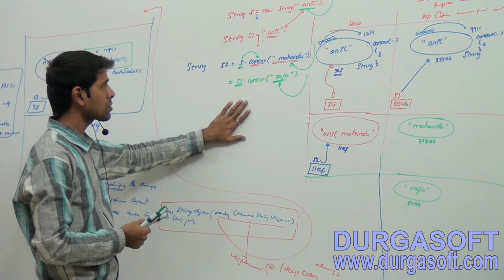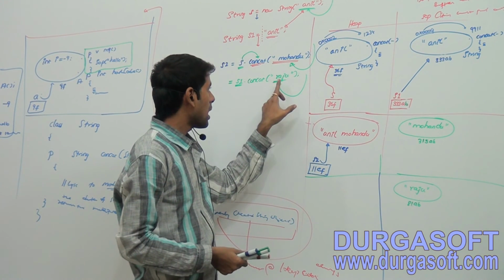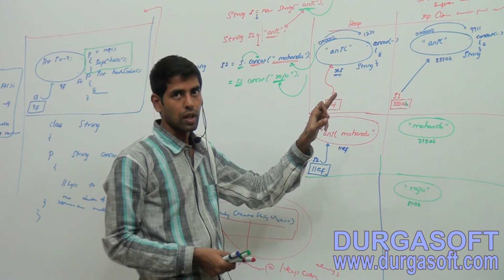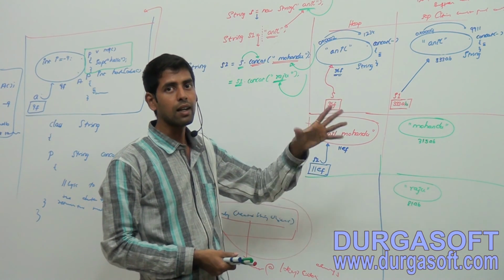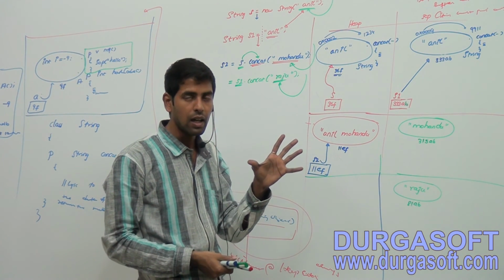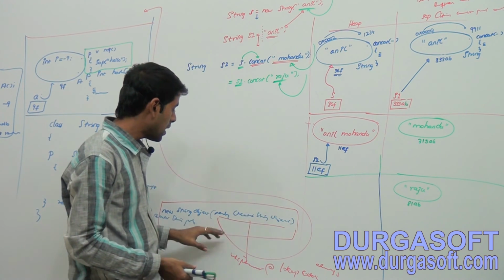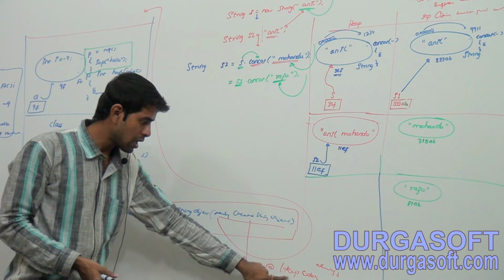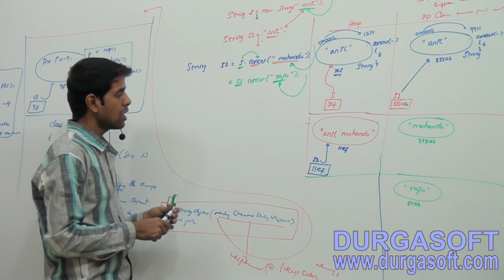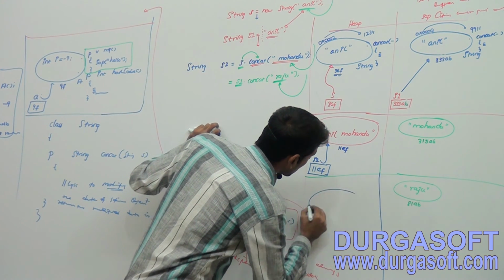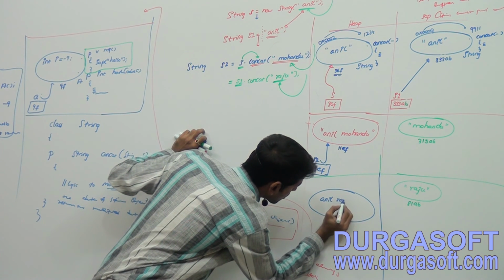Now observe, what is this? S1 dot concat Anil appended with Raju. What happens here? The data is modified, and with that modified data a new object will be created. At which area will it create that object? Always at the heap area. Now there will be one more object, Anil Raju.